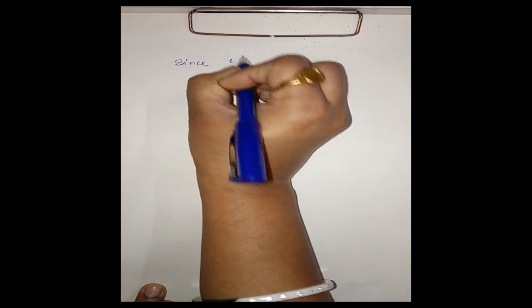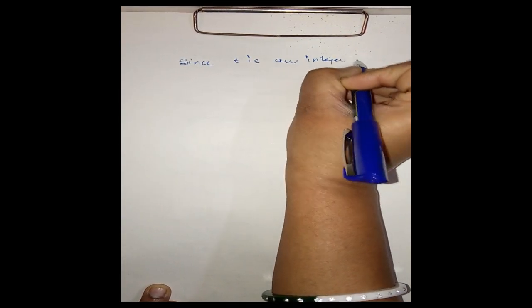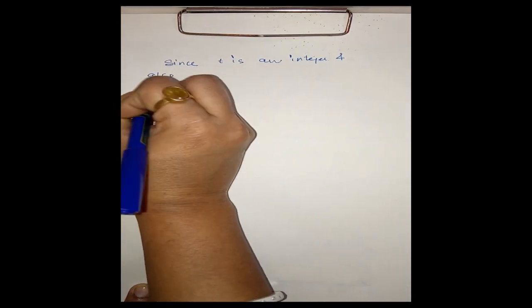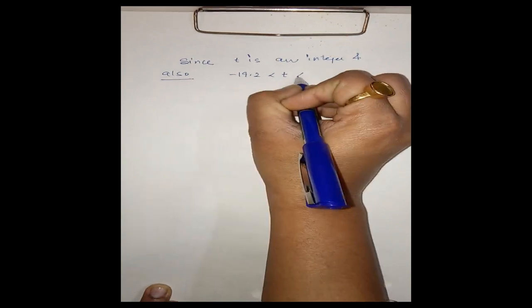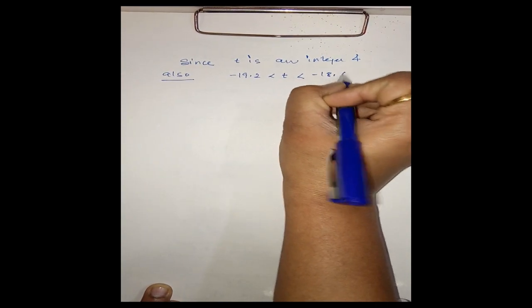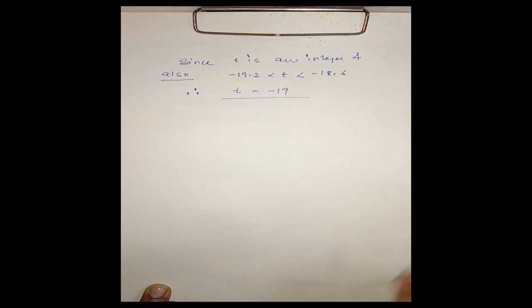Since t is an integer and satisfies minus 19.2 is less than t is less than minus 18.6, t must be equal to minus 19.